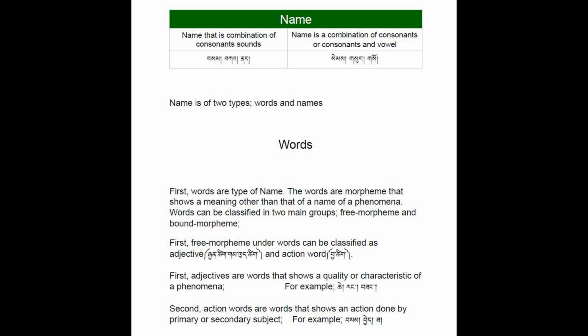If we don't have the vowel, it's called a name without the essential letter, someiki. Or we have the name with essential sound, sokjenyi, a combination of vowel and consonant. For example, we have names such as po, sama, sam.